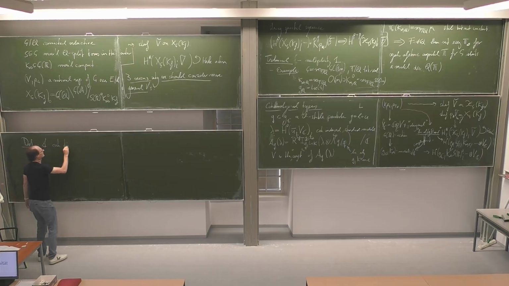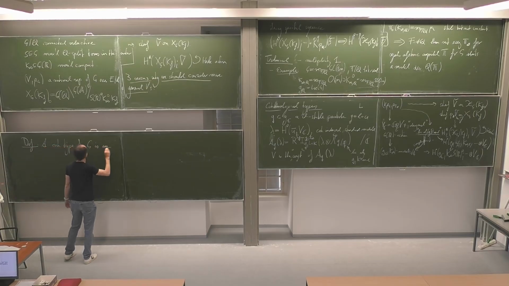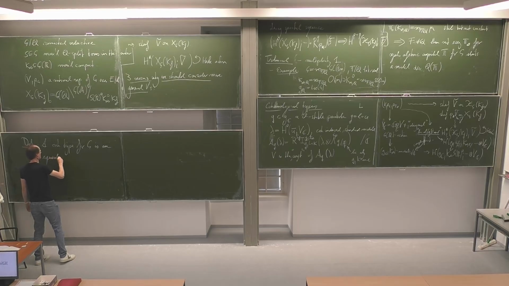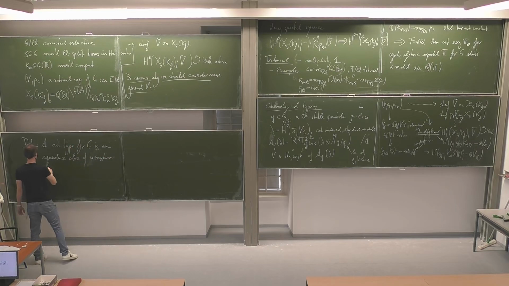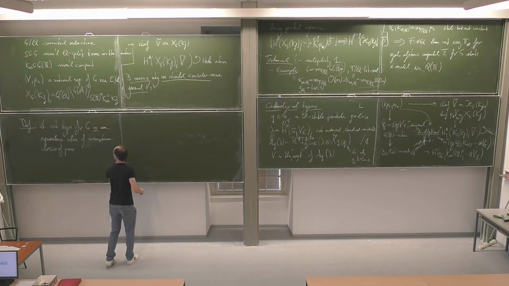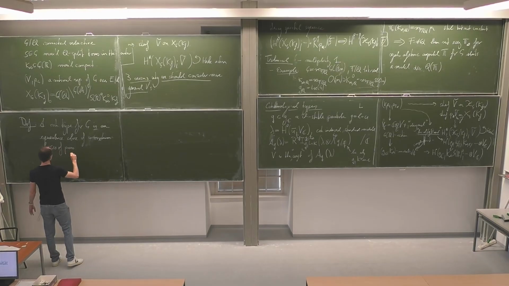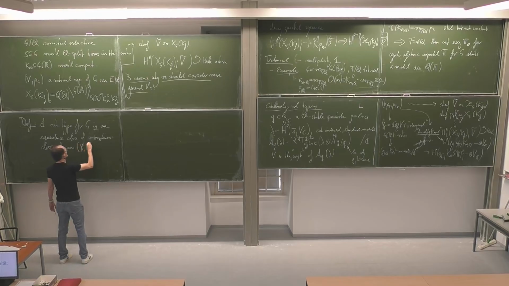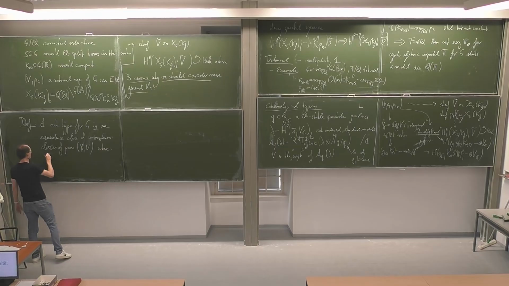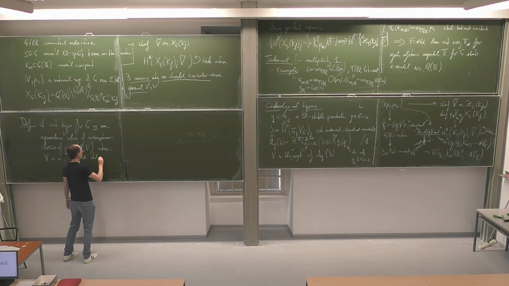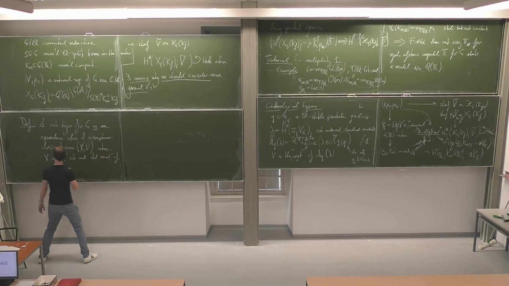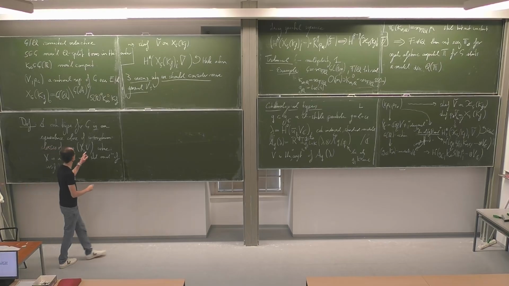A cohomological type for G is an equivalence class of isomorphism classes of pairs (X, V), where X, that's why I introduced this notion, is a cohomologically induced standard module of weight V. So V is a locally algebraic representation.